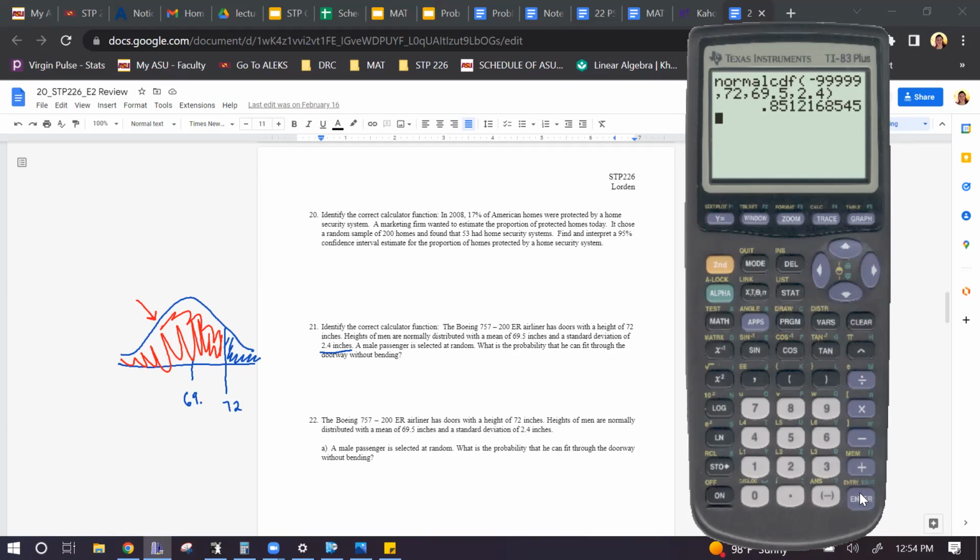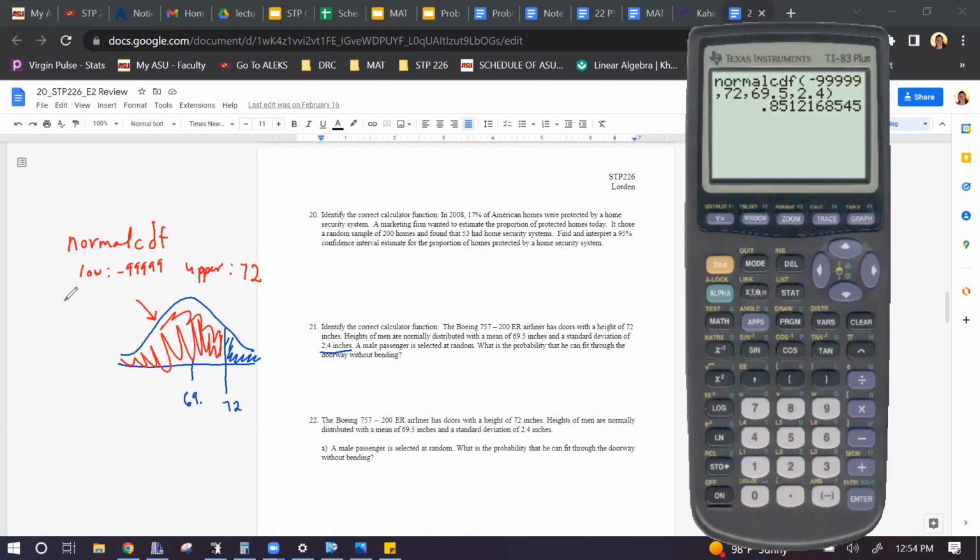And enter. All right, so if I was writing this all out on an open answer problem, I would say normal CDF, and then I could either list the information or put it in the parentheses just like I had it there. So lower was negative 999, upper was 72. Sorry about this pen, guys.